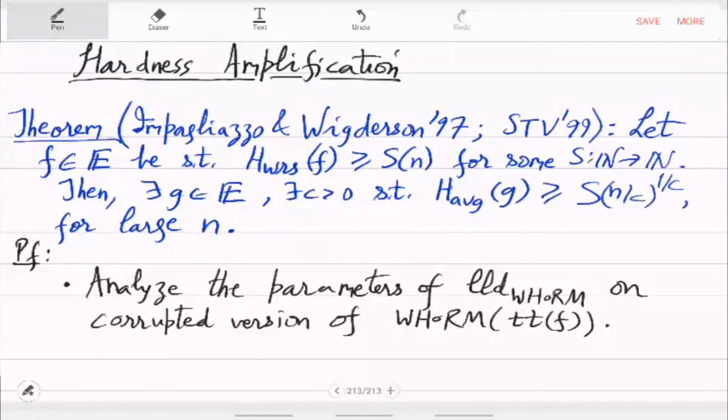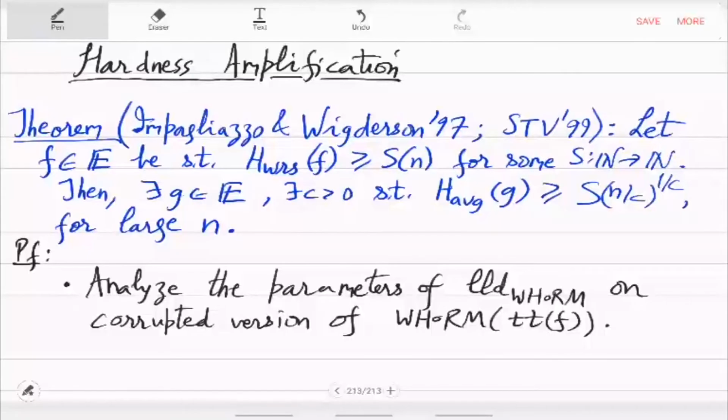That is the code word, and then it is corrupted, and the local list decoder wants to get back to f, some location in the string TTF. So you have to analyze the whole thing, all the parameters, and you will get this. Left as an exercise.